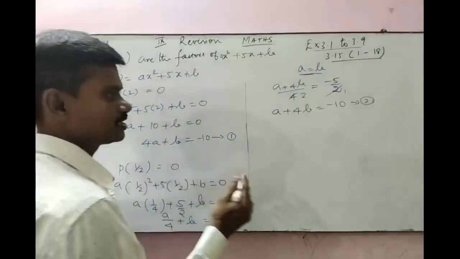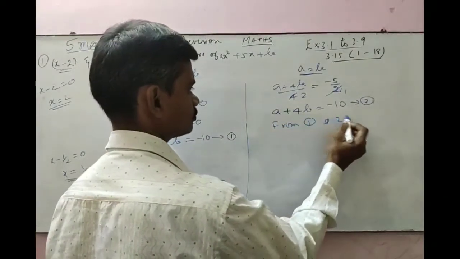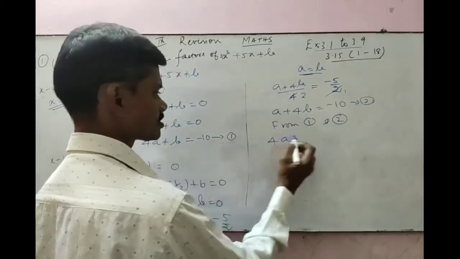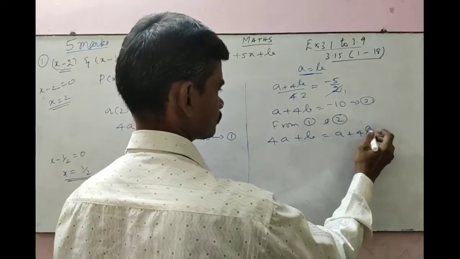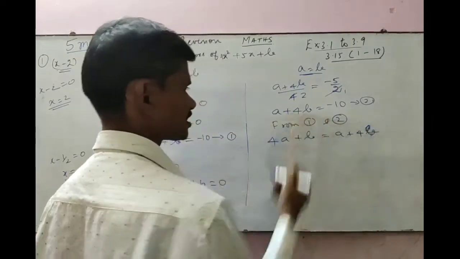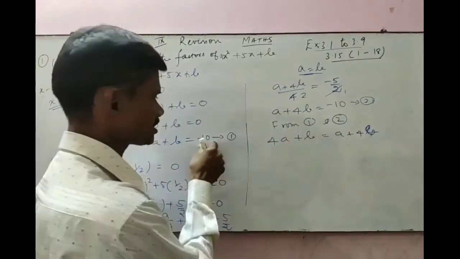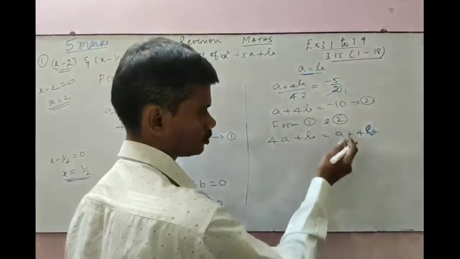So from 1 and 2, you can equate the left hand sides. 4a plus b equal to a plus 4b. Because the right hand side is minus 10 in both, we can equate the two left hand sides.